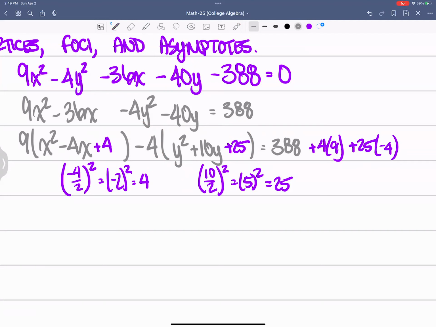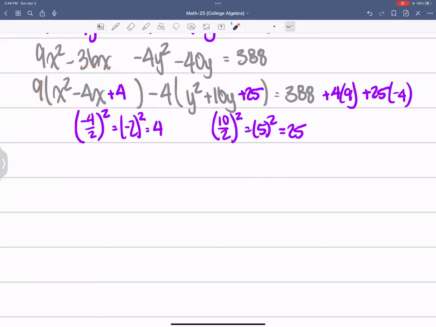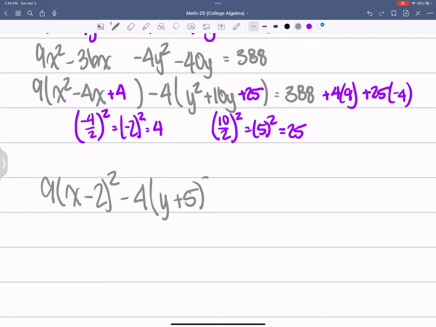All right, let's simplify. We just did some magic that forces this part to factor perfectly into a perfect square. So 9 times (x minus 2) squared is what we have there, minus 4 times (y plus 5) squared over here. And let's see what we have here. 388 plus 36 minus 100.